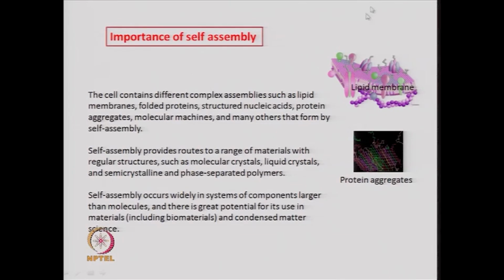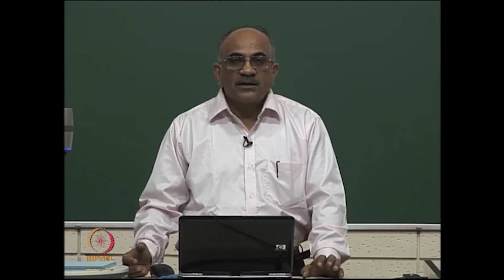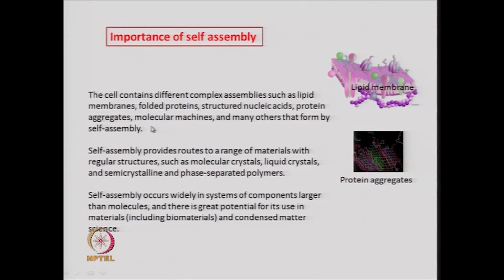So, for example, the cell contains different complex assemblies such as lipid membranes, proteins and nucleic acids, and many kinds of molecular entities, which we call molecular machines, because they function like machines, like they function to pump ions, or they can function to pump water across membranes, etc. And these molecular machines are basically made up of self assembled structures.